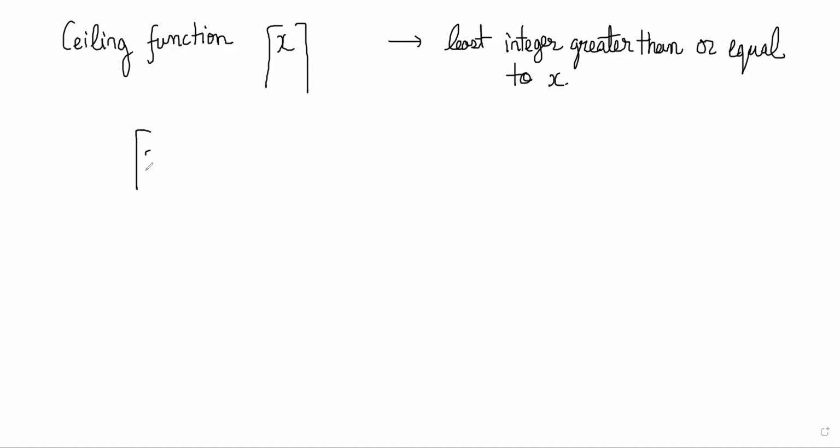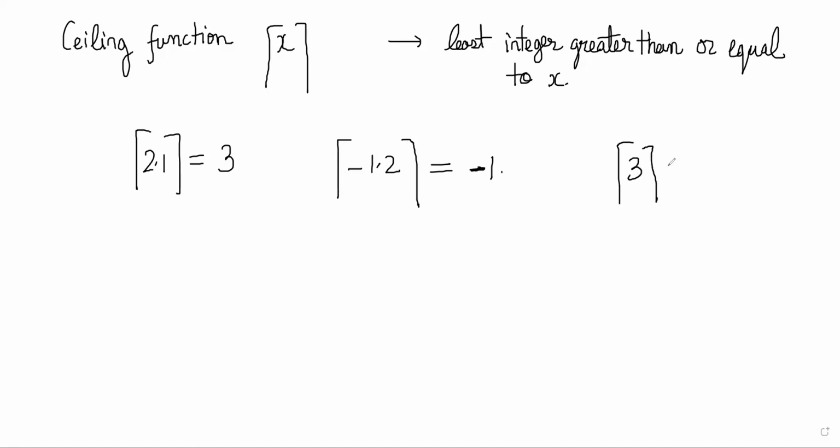Ceiling of 2.1 is 3. Ceiling of minus 1.2 is minus 1, because minus 1 is the least integer which is bigger than minus 1.2. And ceiling of 3 is 3 itself.